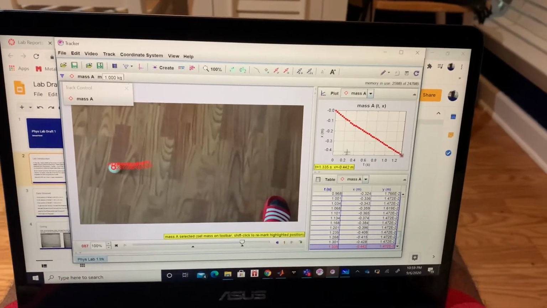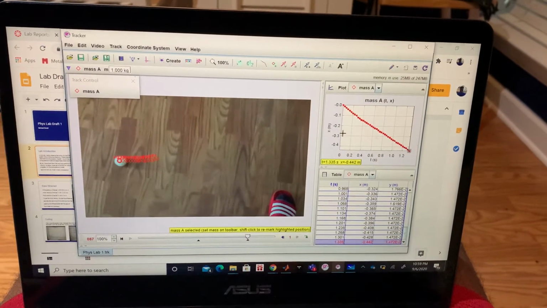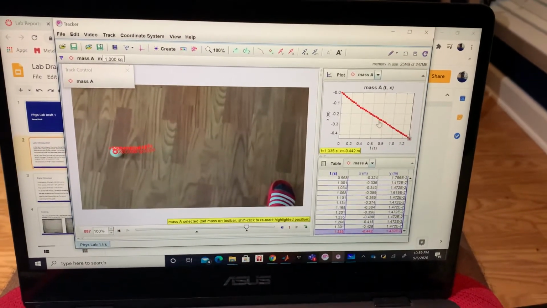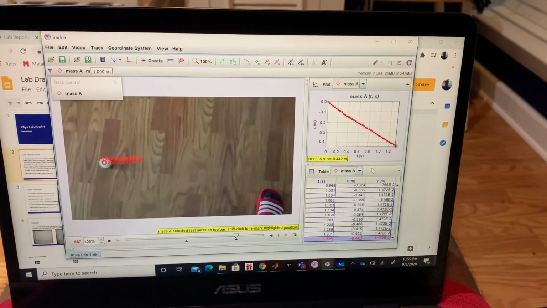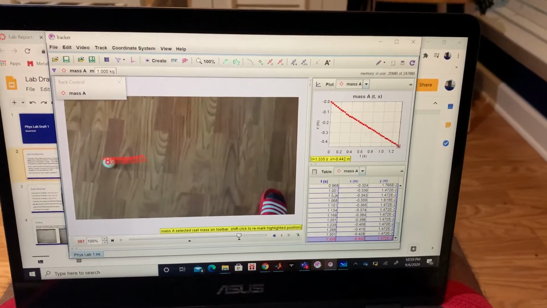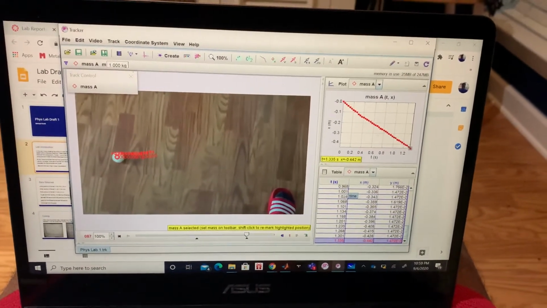I was able to make note of its motion, as you can see from the position versus time graph. This diagonal line shows a constant velocity, so it doesn't change directions, and there is also a chart to make note of each position change at each time change.